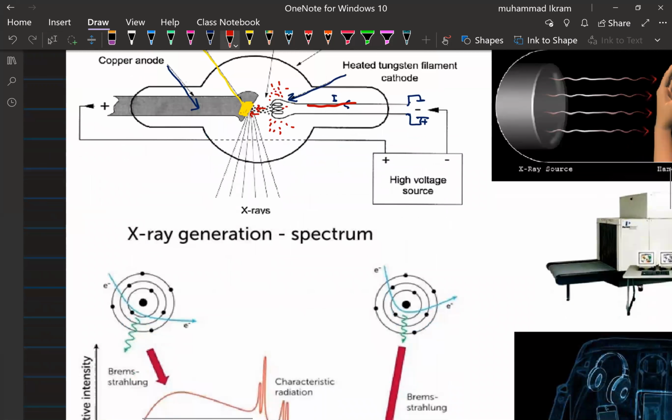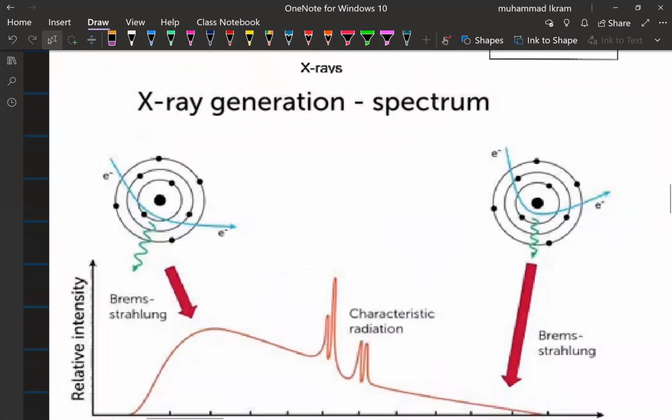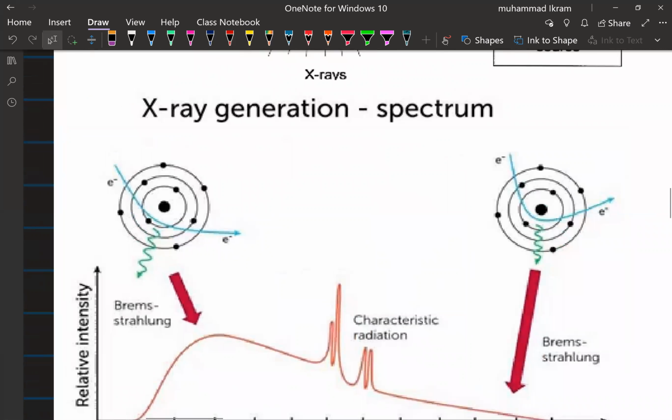Now look what happens in Bremsstrahlung radiation, the braking radiation. Here you see the target nucleus, the target atom.